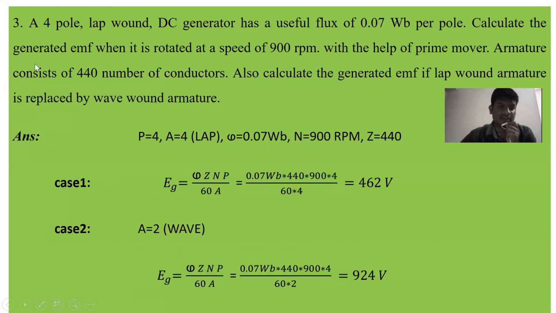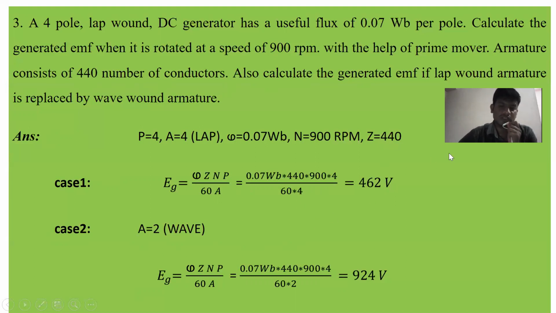And calculate the induced EMF, which equals phi Z N P by 60 A. When it is rotated, the speed is 900 rpm, with the help of a prime mover. The armature consists of 440 conductors, so Z is 440. That equals 462 volts.